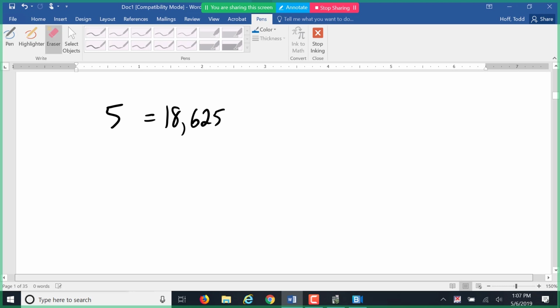Instead of 5 to the power of 6, I'm going to say 5 to the power of x equals 18,625. In order to be able to solve this, remember, I have to have it in a form where I have exponents on each side with the same base. On the left side, I have an exponent with a base of 5. I need to express the right side as an exponent in the base of 5.